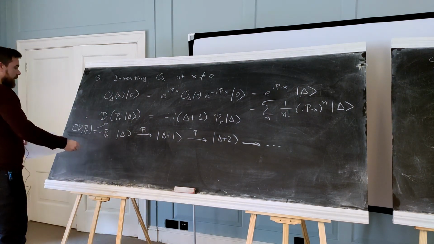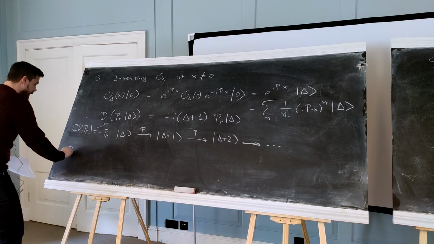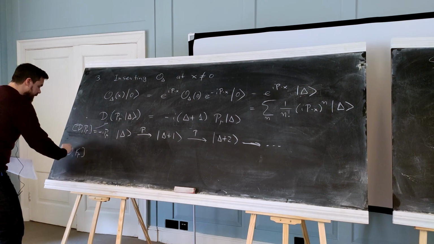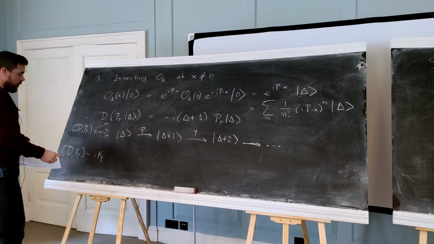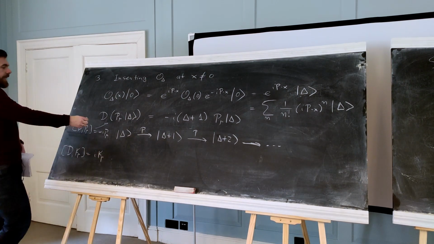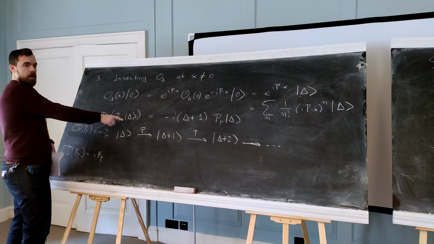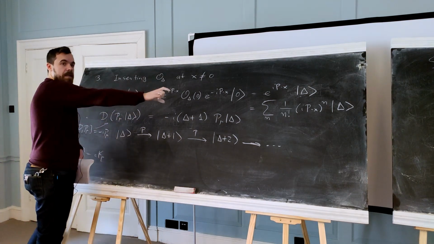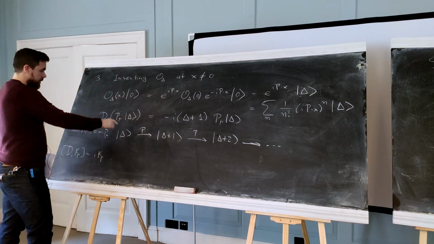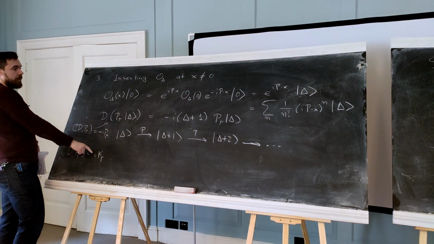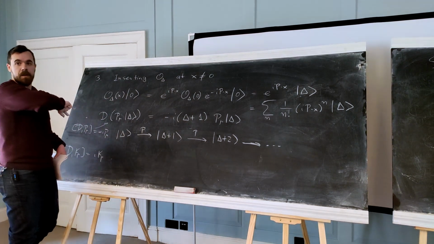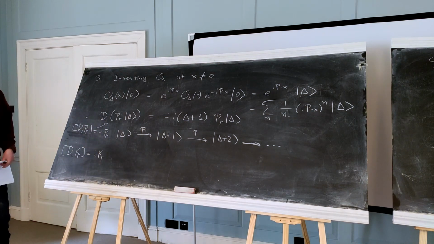Now, there is another commutator that we had, that D, K mu is plus i K mu. So if I take a state and I act with P mu on it, I get the state with dimension delta plus 1 because of this minus sign. But if I didn't have the minus sign, I would get the state with dimension delta minus 1, right? So P mu sort of raises the dimension of the state and K mu lowers it.